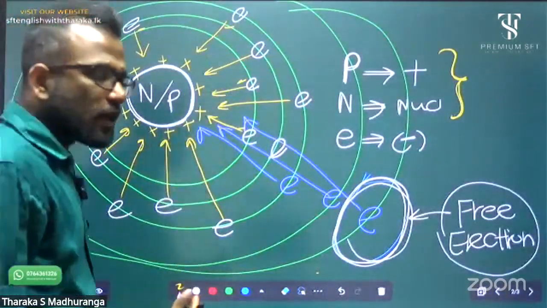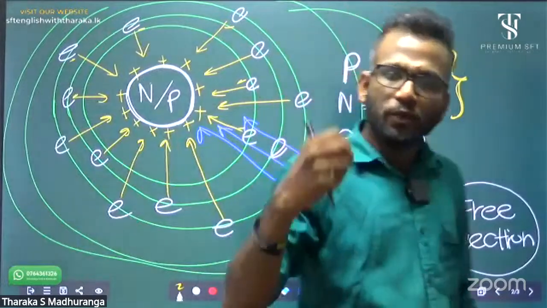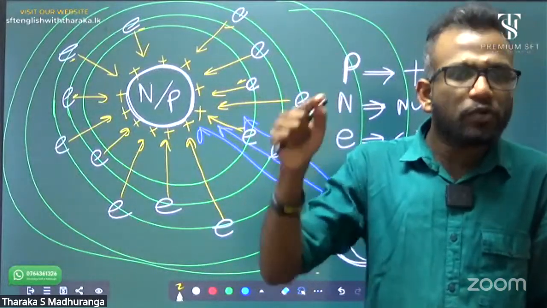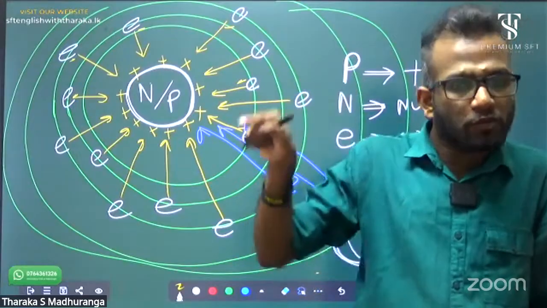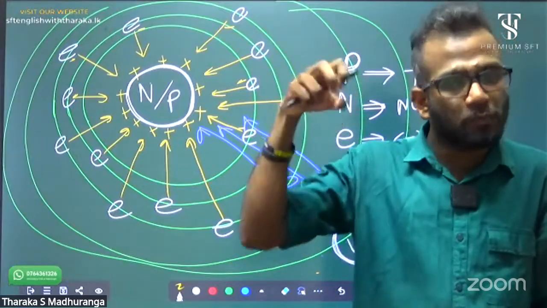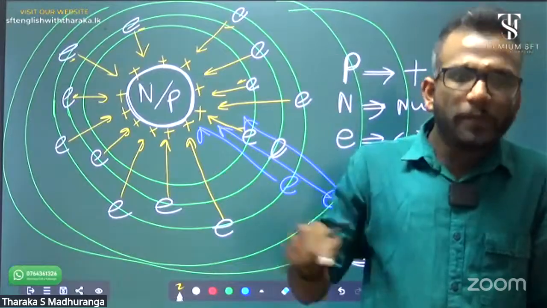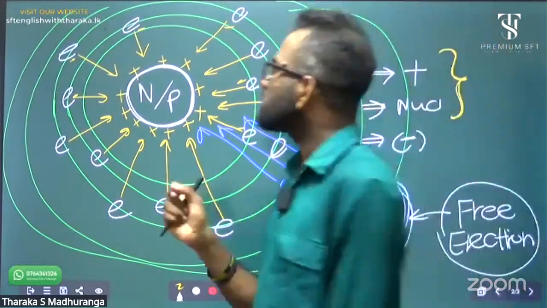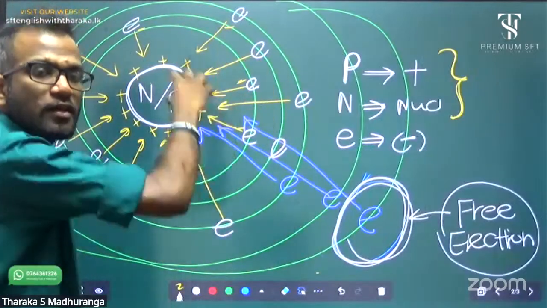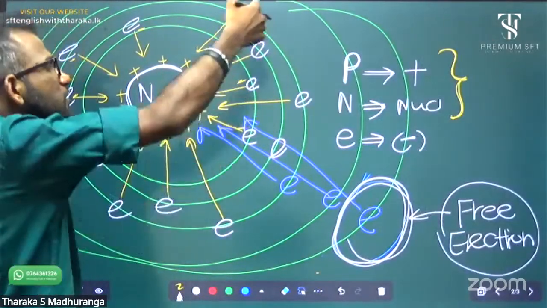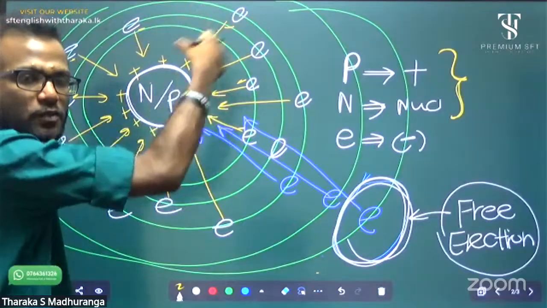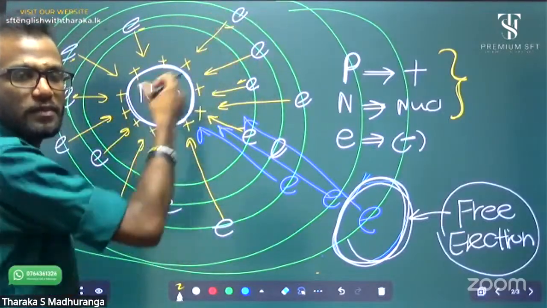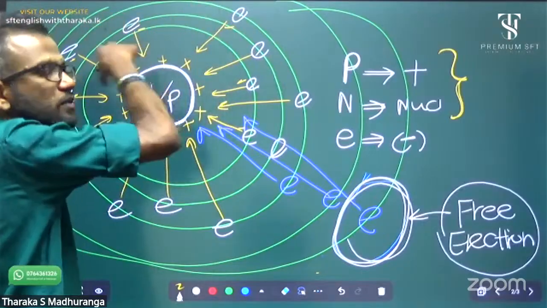All molecules are made of electrons, protons, and neutrons. The nucleus is made of protons and neutrons, so the nucleus is positive charge. Energy levels contain electrons, which are negative charge. Due to this negative and positive charge, electrons have an attraction to the nucleus.